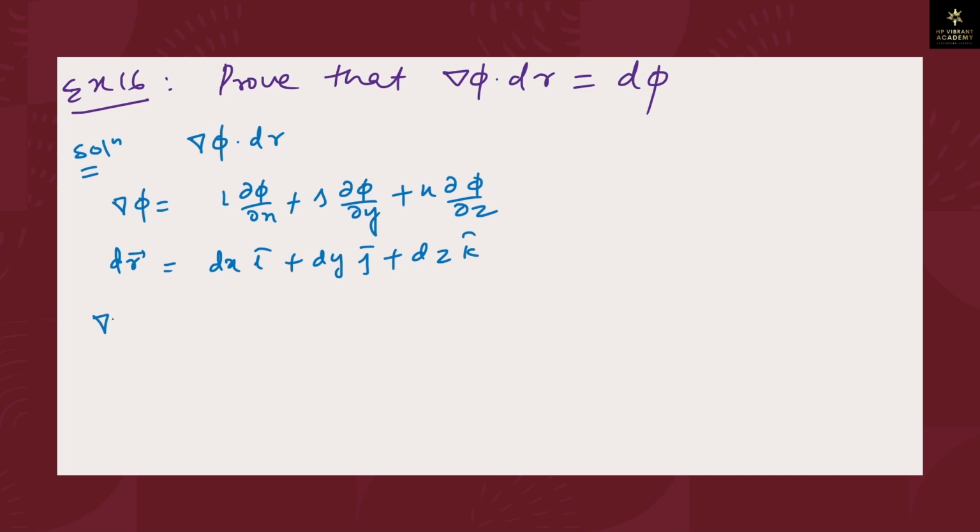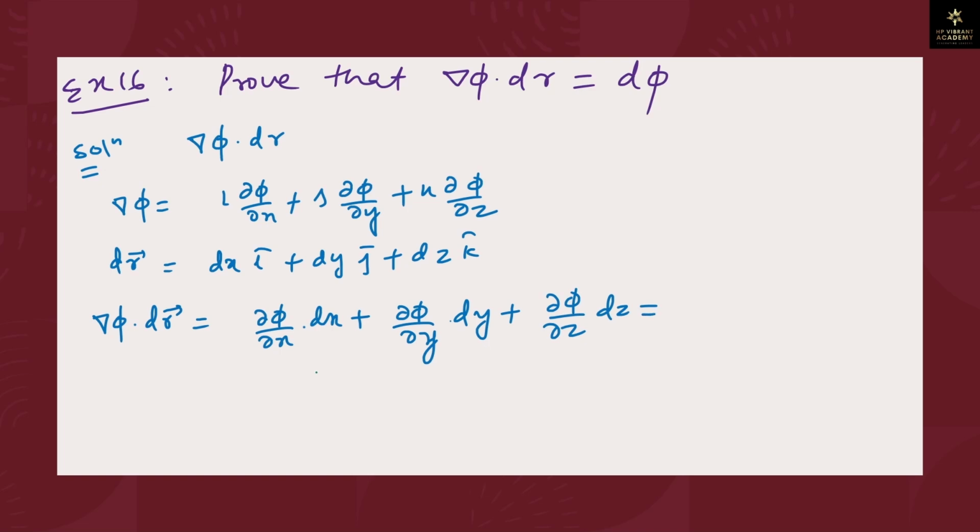Let us take the dot product. Del phi dot dr is equal to del phi upon del x into dx plus del phi upon del y into dy plus del phi upon del z into dz. This is nothing but the total differentiation of phi. This is d phi.